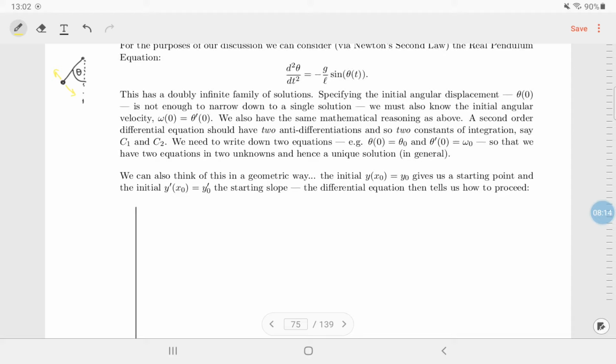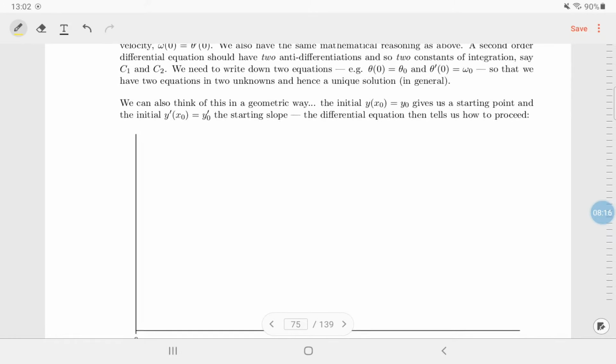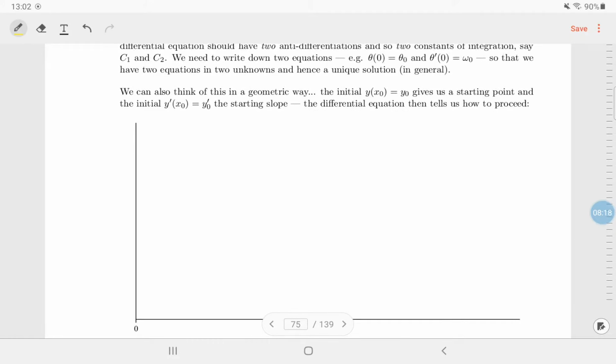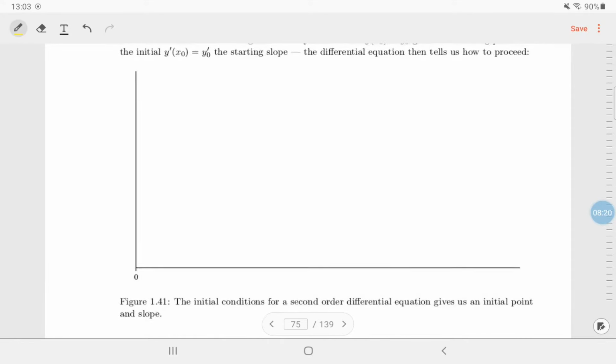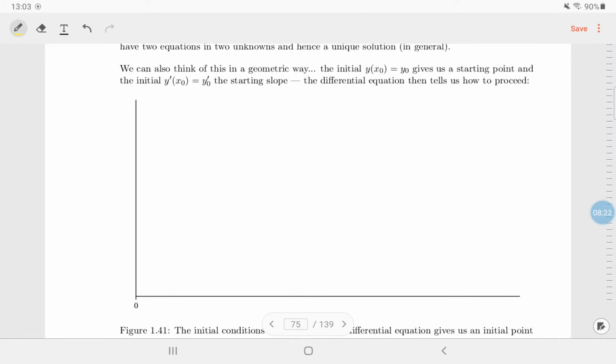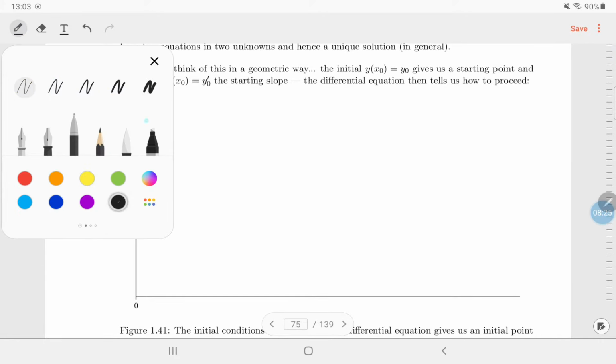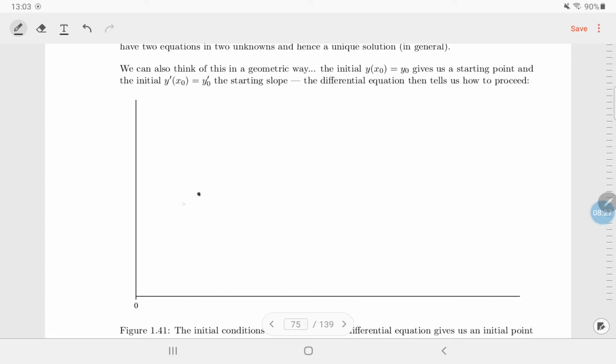You can also think of this in a geometric way. Now perhaps this is a little bit harder, but I'll give it a go. We've got the initial slope. The differential equation tells us what's going on with the second derivative.